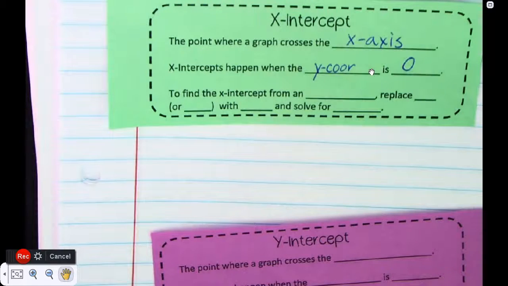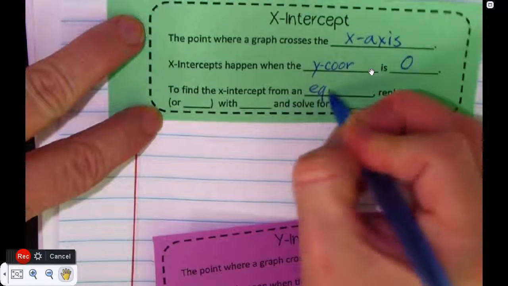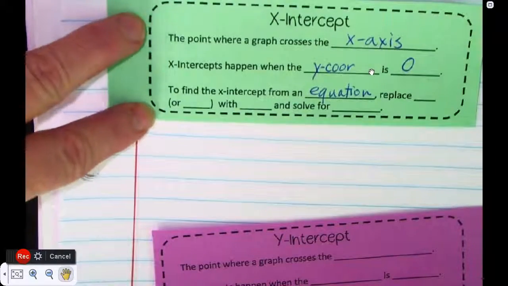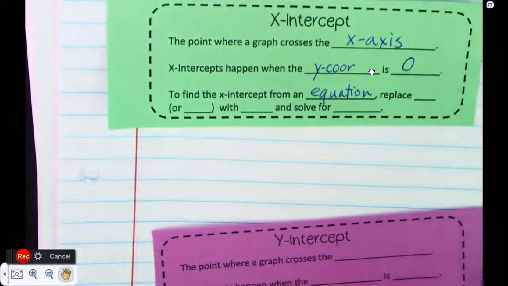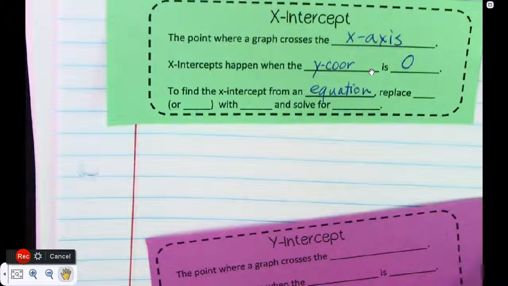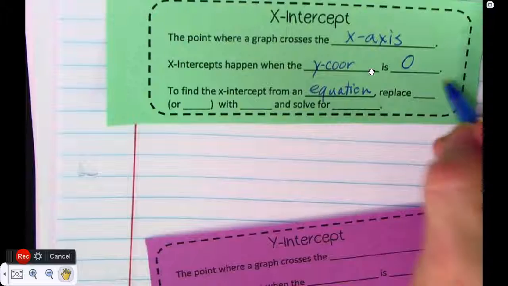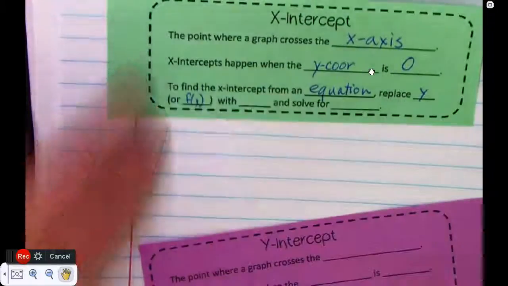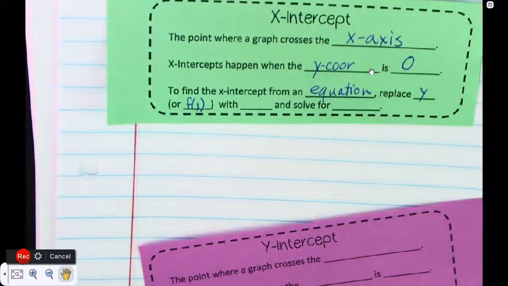To find the x-intercept from an equation, replace the y or f of x, however it's written, with what?